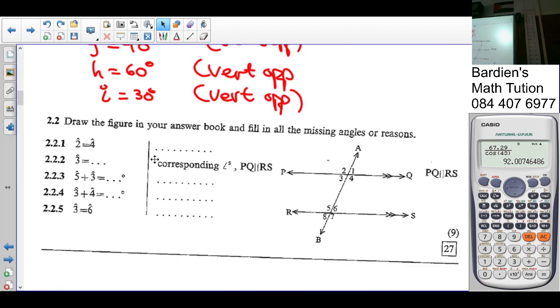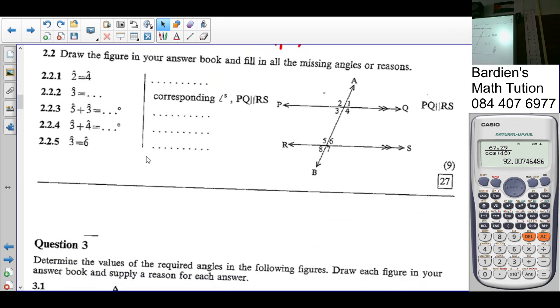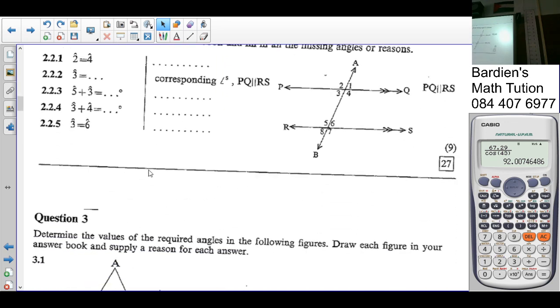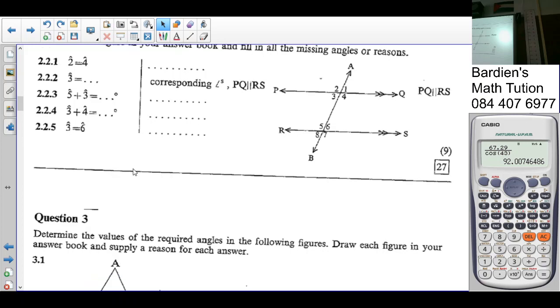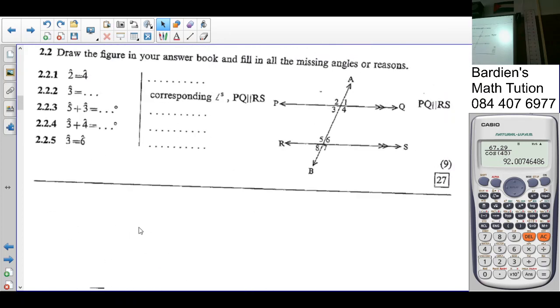Let's look at question 2.2. It says, draw the figure in your answer book and fill in the missing angles or reasons. Angle 2 is equal to angle 4. Why? Vertically opposite. Corresponding angles to angle 3.